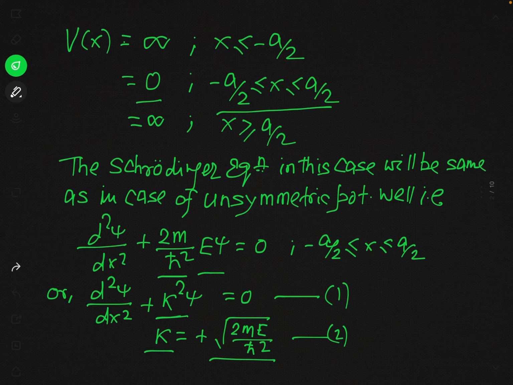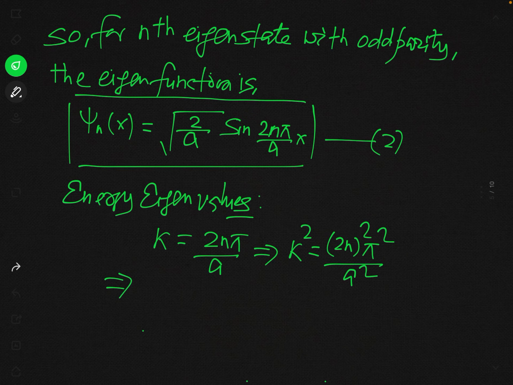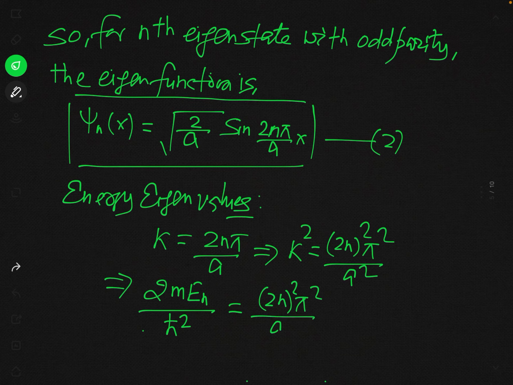So corresponding to the nth eigenstate with odd parity, k square will be replaced by 2m En over h bar square, and this will be equal to 2n whole square pi square over a square.